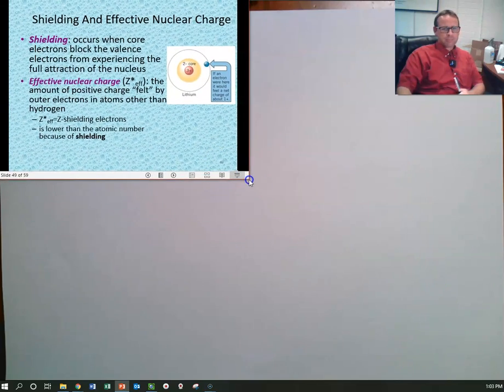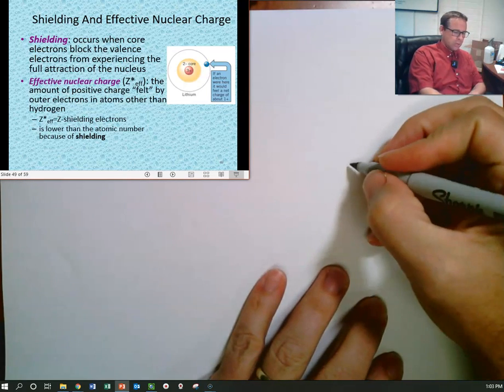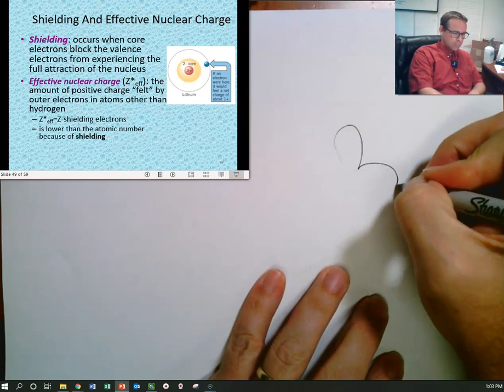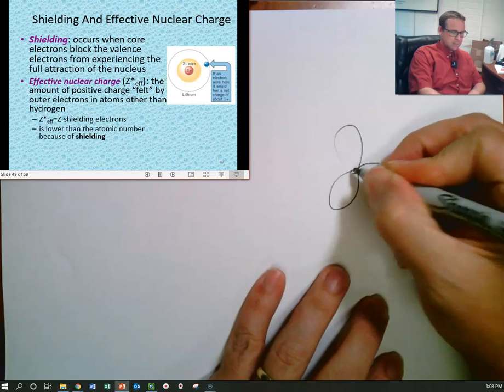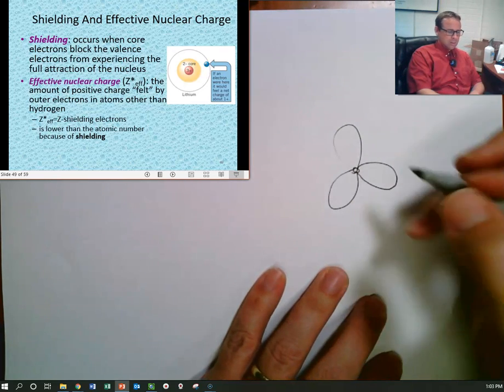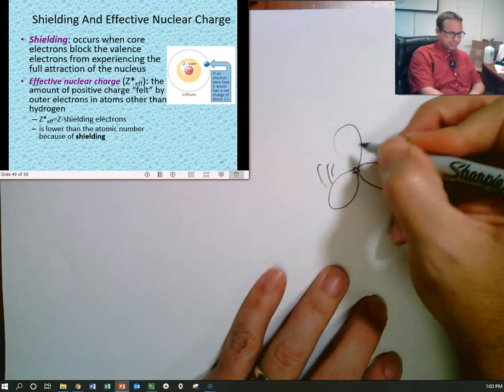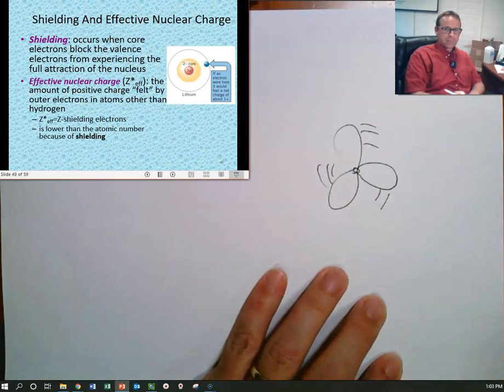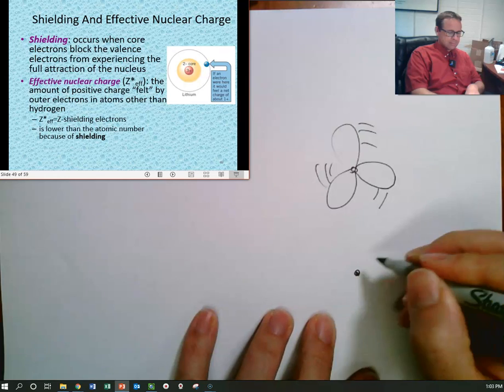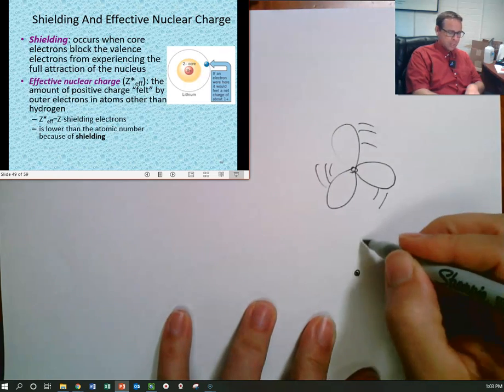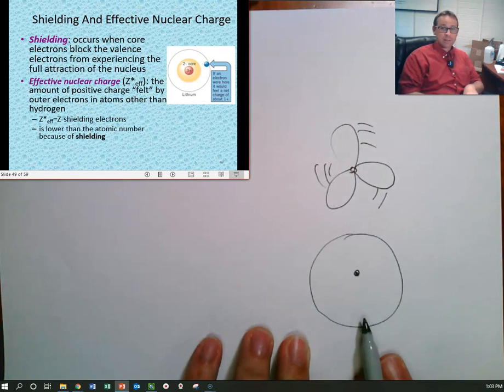Kind of like if I were to draw a fan with three different blades, all right? If this thing is spinning around, then in reality it's a fan with three blades, but essentially it looks like a disc.